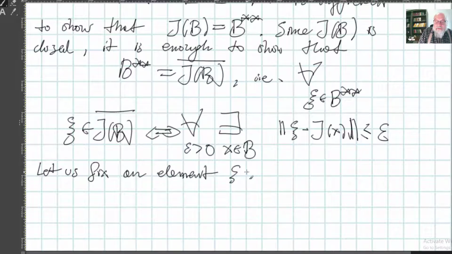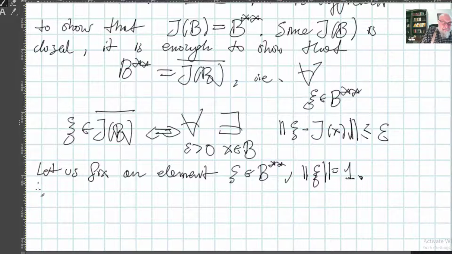If you take psi, you can always assume that psi has the norm equal to 1. If it's not, you simply normalize it, and that will be sufficient to prove that such a psi belongs to the closure of this J of B. So this will be sufficient. So this is an element of norm 1.